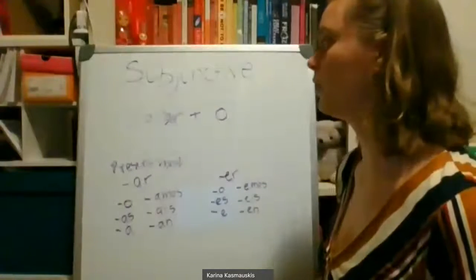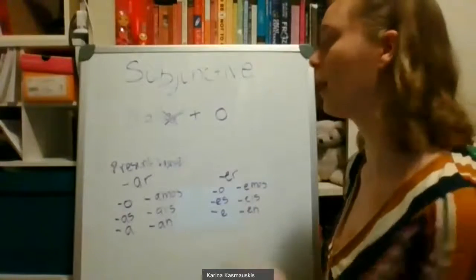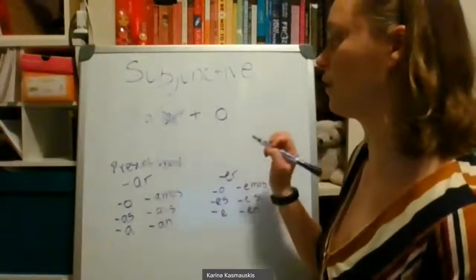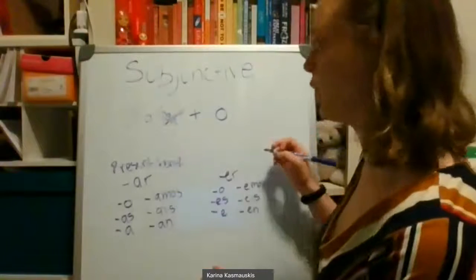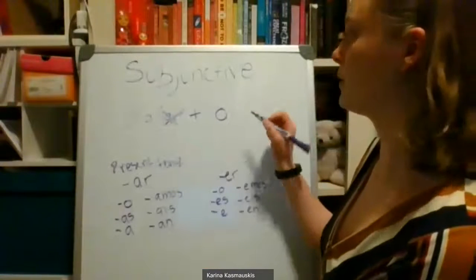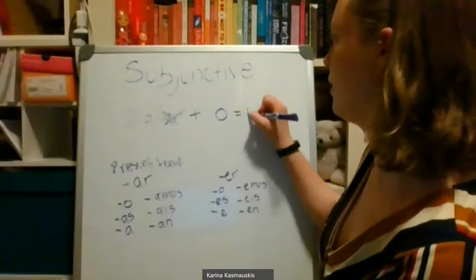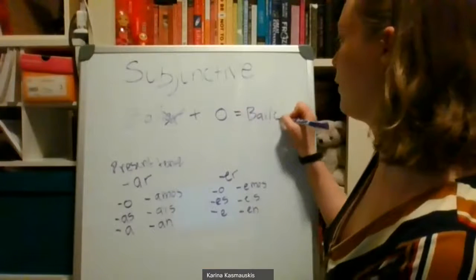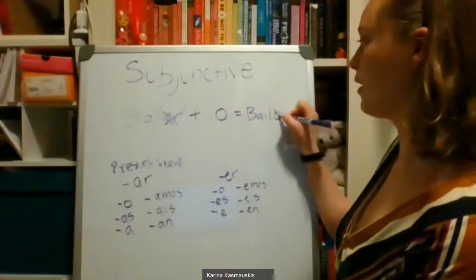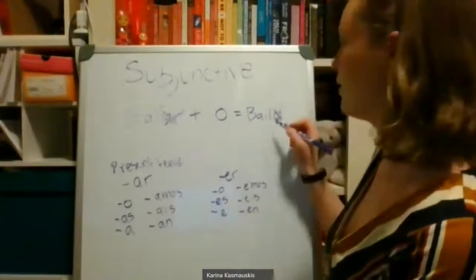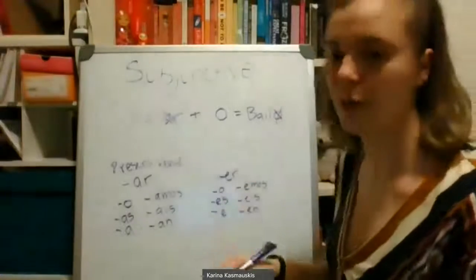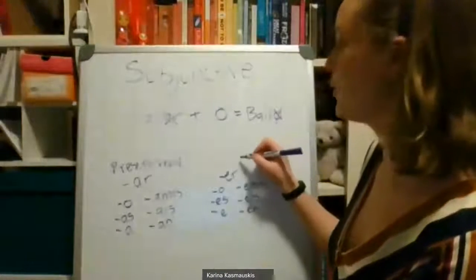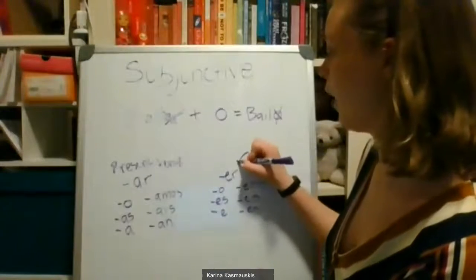And we've begun with bailar and adding the O. So in order to turn that into subjunctive, now that we have bailo, from there we take off the O and add the opposite ending. So if you have an AR verb, you want to add the ER endings.